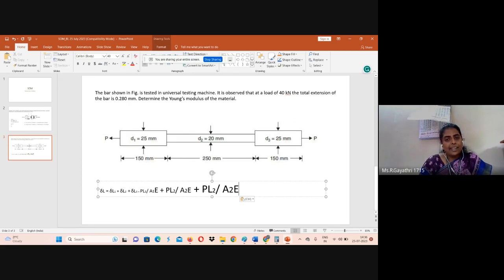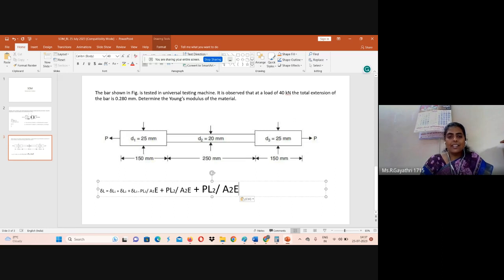Okay. PL by AE, but it will change from case to case. In this case, we write PL1 by A1E. If load is varying, we can write P1L1 by A1E. If Young's modulus is varying, we can write P1L1 by A1E1. Okay, it will vary based on the conditions.